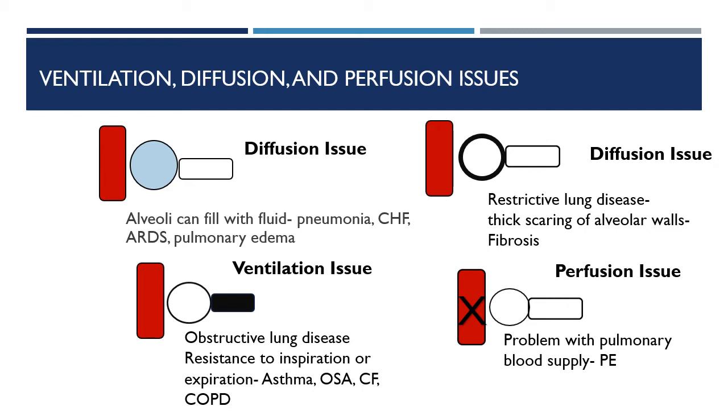So congestive heart failure causes fluid to back up into the lungs, leading to pulmonary edema. And ARDS, which is acute respiratory distress syndrome, is just another condition in severely ill patients, say for example after a car accident, where their lungs just fill with fluid around the alveoli. Okay, so these are all issues of diffusion, right? The inability of oxygen to get from the alveoli to the capillaries.